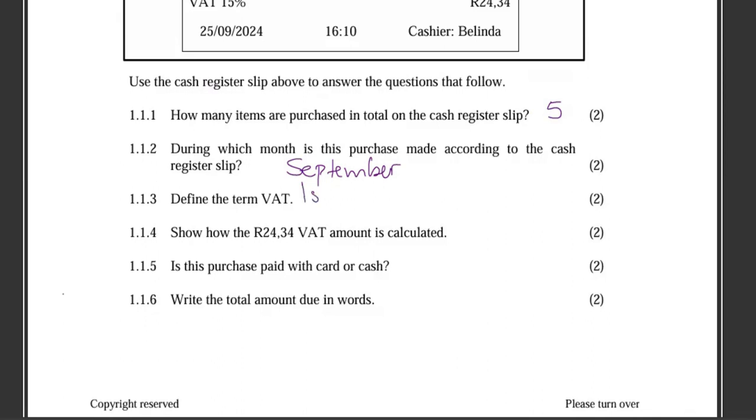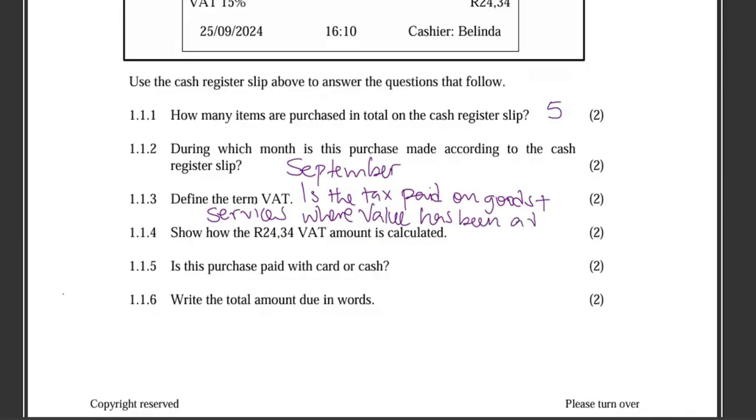Define the term VAT. VAT is the tax paid on goods and services where value has been added.